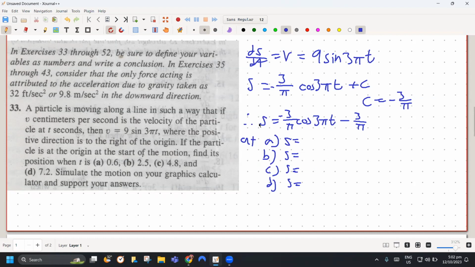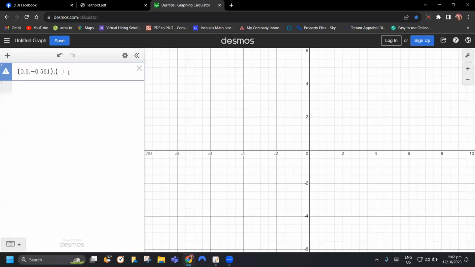0.182. So, this is 0.6. Lagay po ako ng 4 significant digits. 0.5, 4.8, 7.2. Hindi, graph mo lang yung S equals negative 3 over pi cosine of 3 pi t, y versus x niyan.